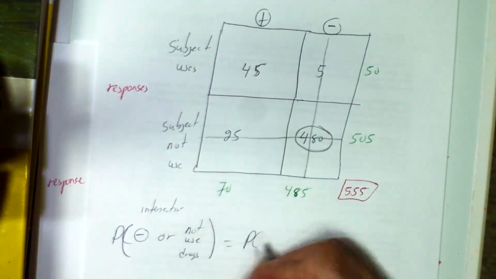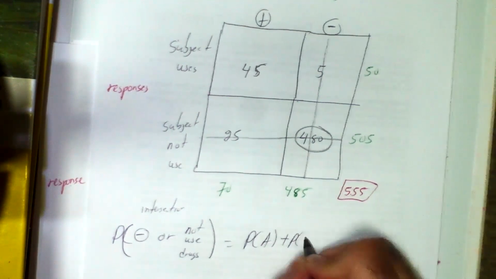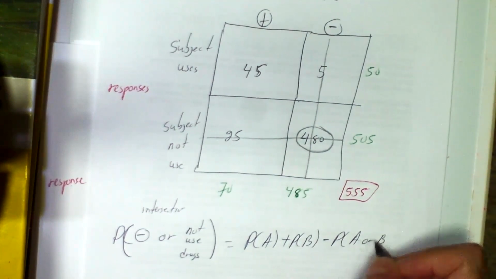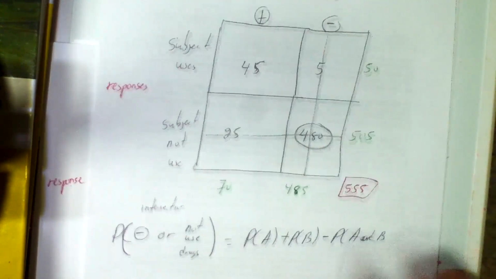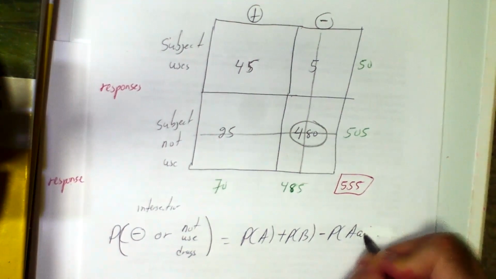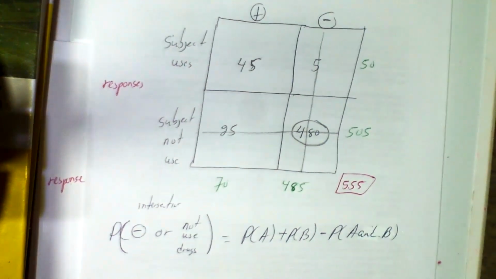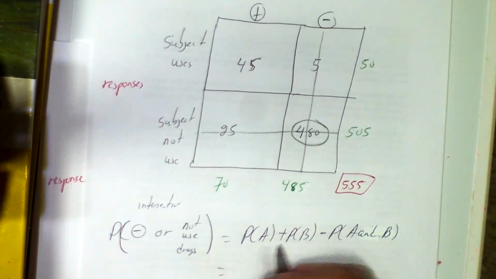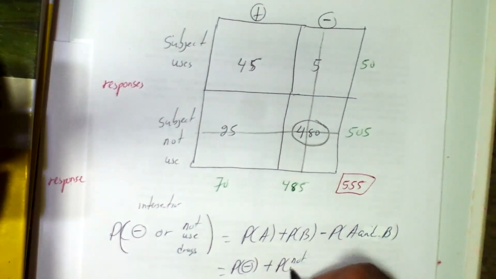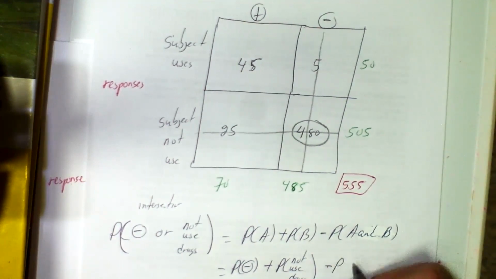I'm going to do probability of A plus the probability of B minus probability of A and B. I can fill it in with the units instead of A and B. So this is going to be the probability of a negative test result plus the probability that they did not use drugs, minus the probability of test result and not use drugs.